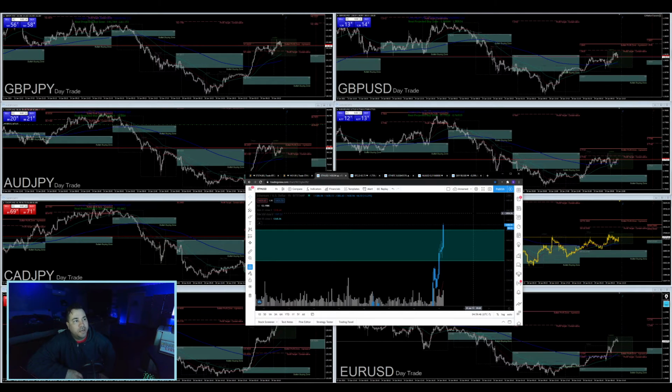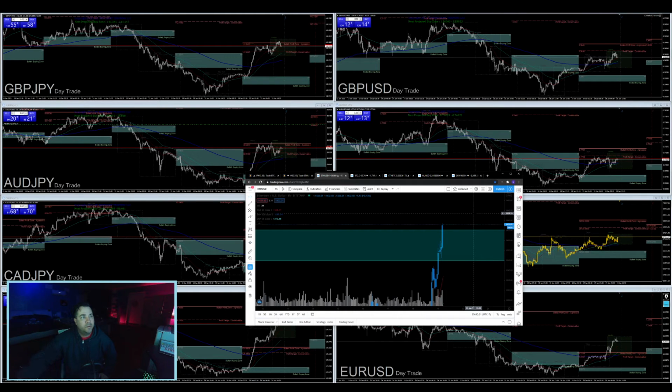We're 15 seconds away. In 5 seconds. There it is, new candle. Okay, we got the hourly candle close above the all-time high.